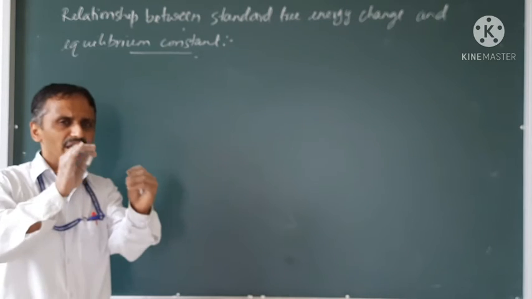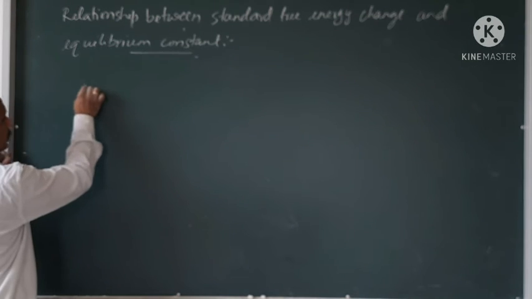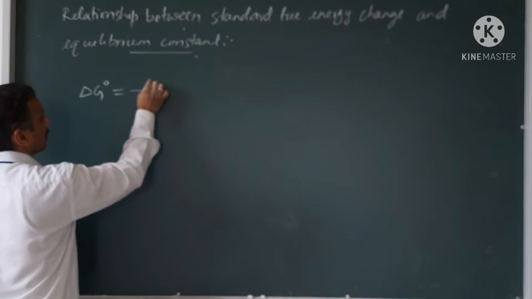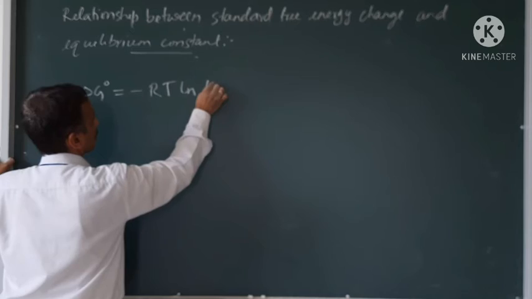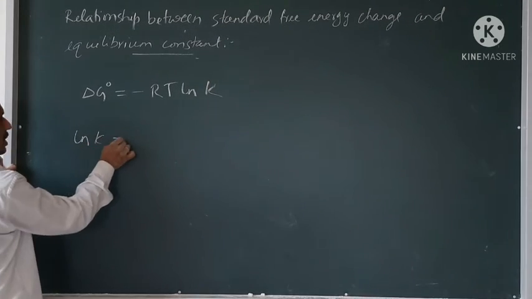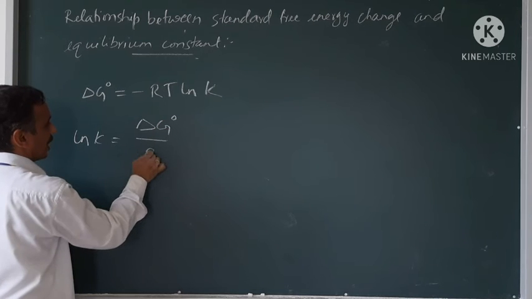I can have this same relation in a slightly different form also. You see, delta G naught is equal to minus RT ln K. So ln K is equal to minus delta G naught divided by RT.